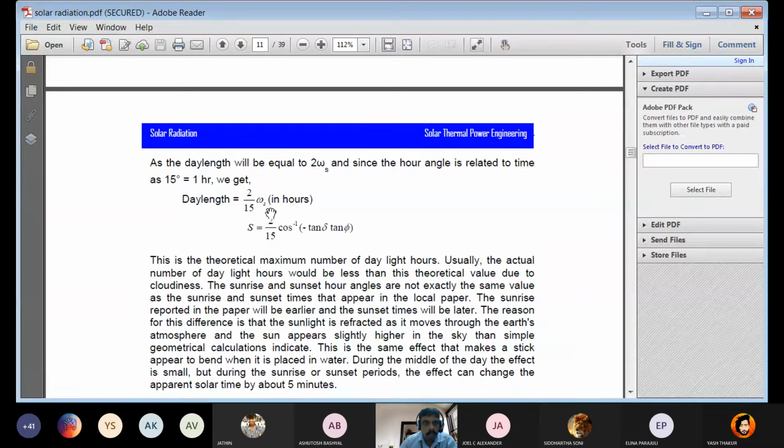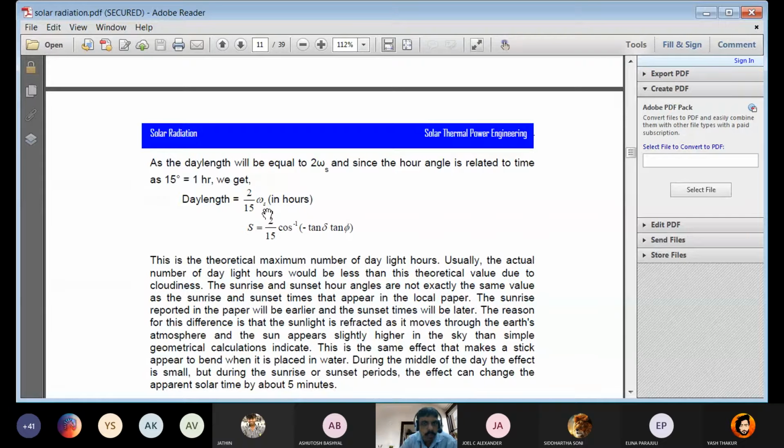This omega s is in degrees, so we want it in hours. Okay, how much is the day length? Day length means, in simple terms, how much time the solar radiation is available. We don't want it in degrees, it will be confusing. If we say solar radiation is available for say 60 degrees, it is meaningless to us.